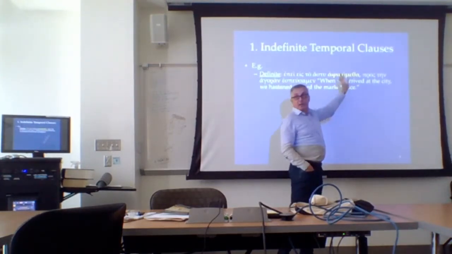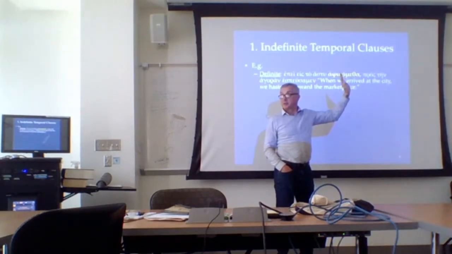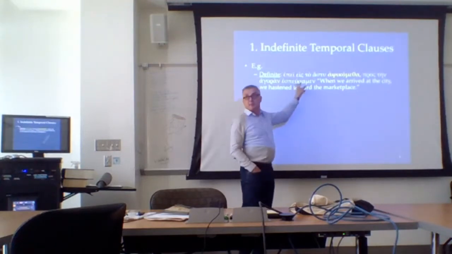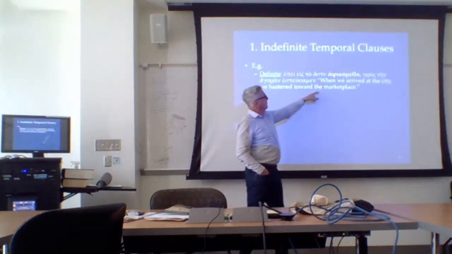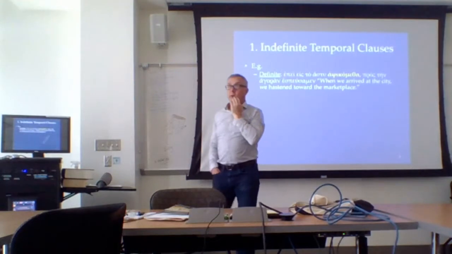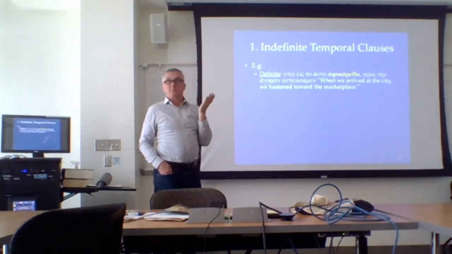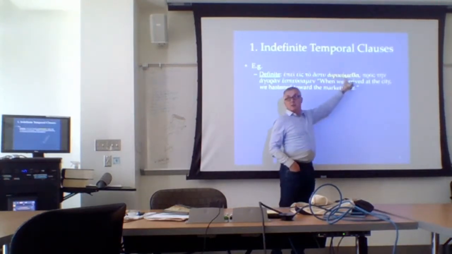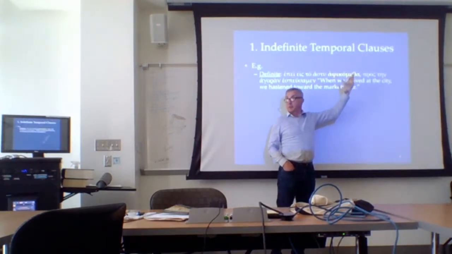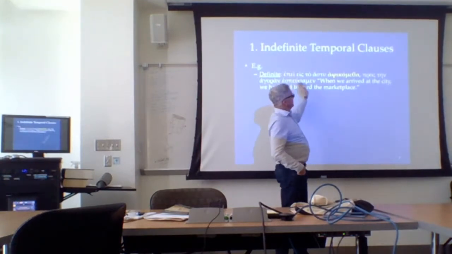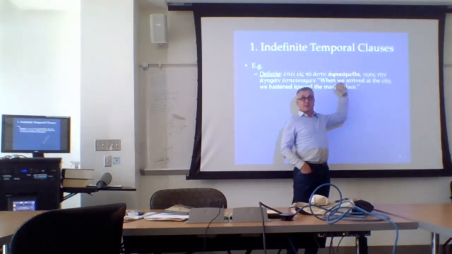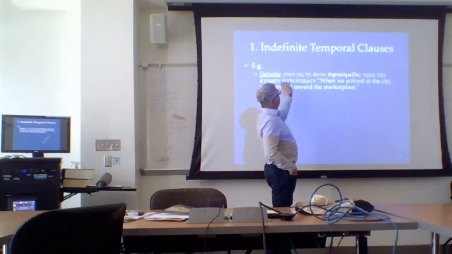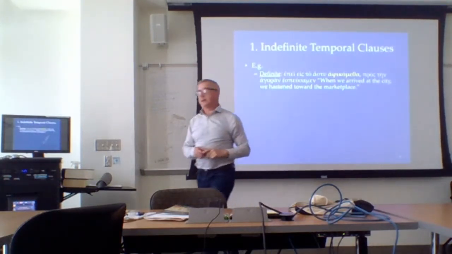When we arrived at the city, we hastened, aorist indicative, toward the marketplace. Both these are aorist indicatives. That's a simple statement of actual fact. It's introduced by epei, when. So that's your temporal clause. It puts the temporal conditions on things, and then the result, within those circumstances, is that we hasten to the city.